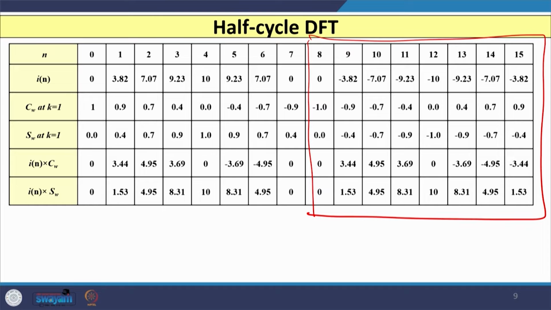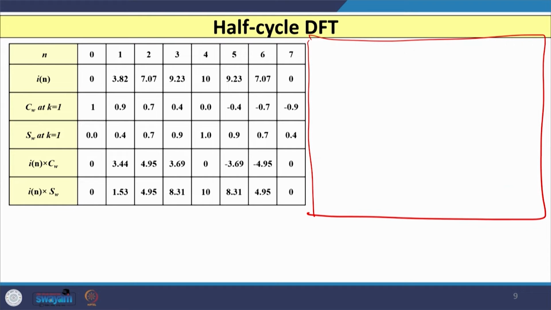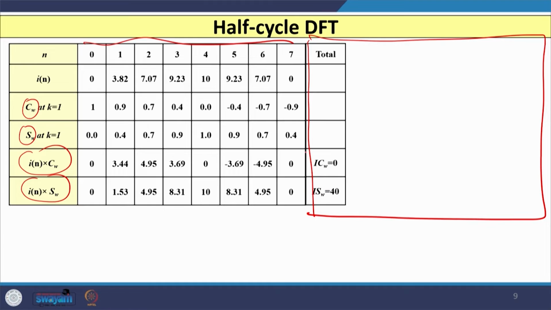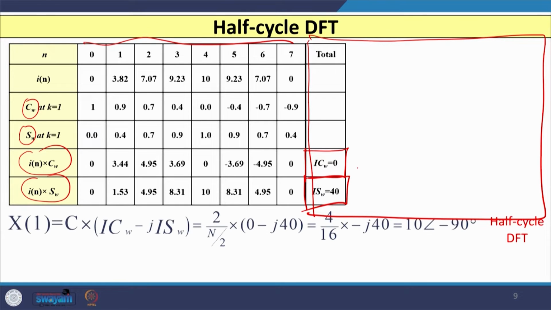So, if I remove these samples, we use only these samples to calculate Cw, Sw, then In into Cw, In into Sw, and finally the values of ICW and ISW. Putting this in the equation, x of 1 is C, where C is 2 divided by N by 2, and ICW is 0 and ISW is 40.